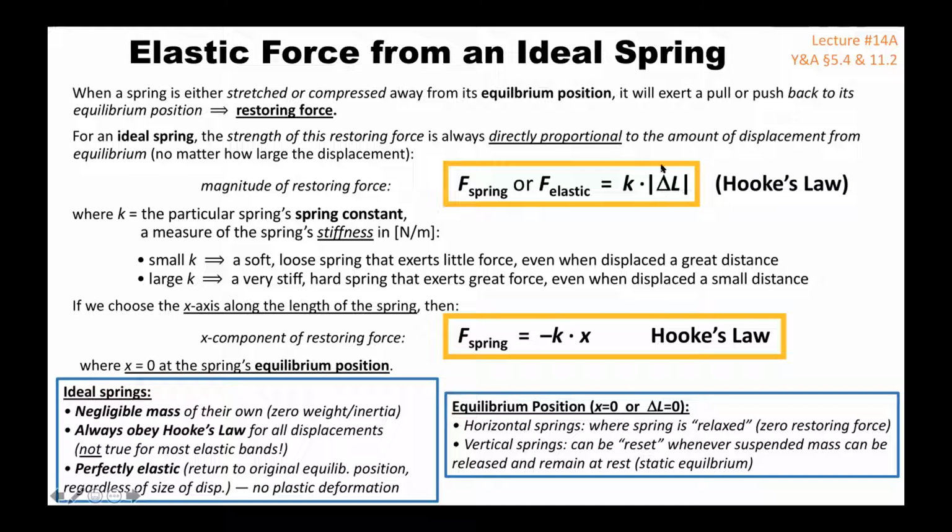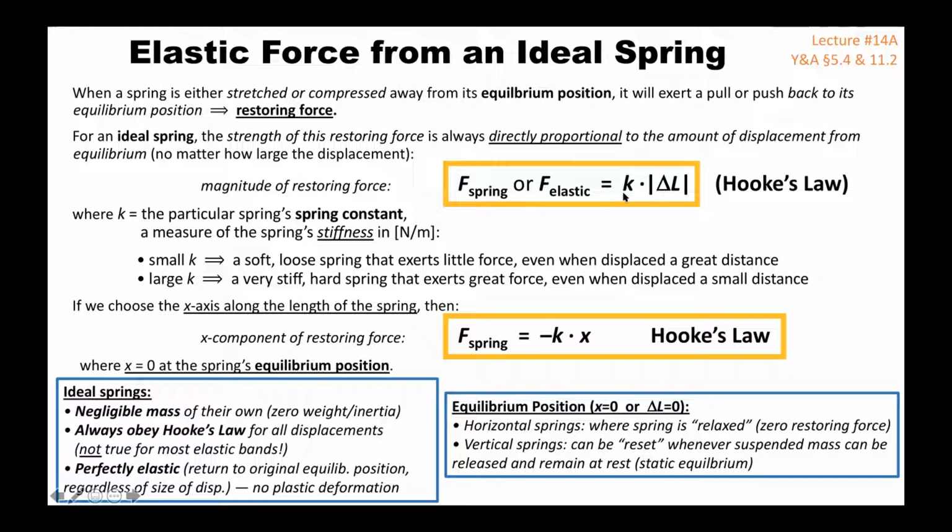In other words, if delta L is the distance that we either stretch or compress a spring away from its equilibrium position, then the amount of force that the spring exerts is in direct proportion, right? Or in other words, it behaves linearly with respect to that amount of displacement.